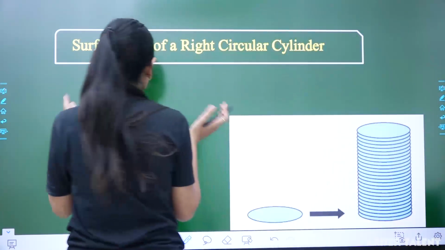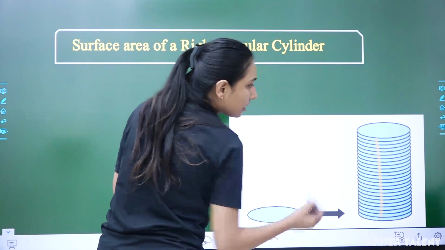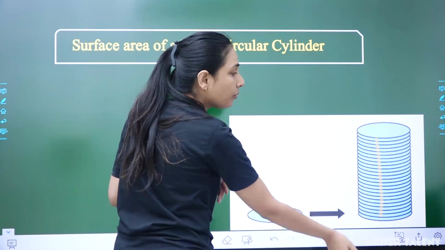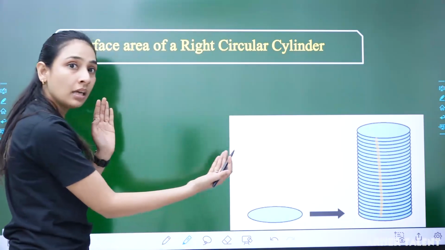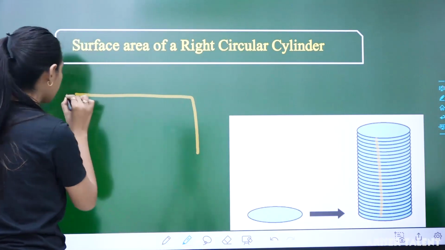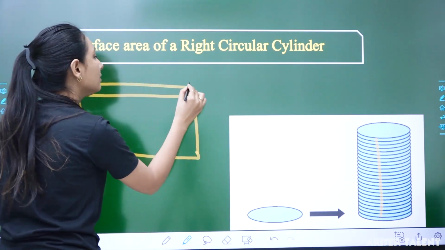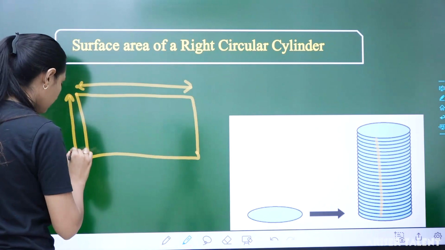If you do it reversely, like cutting it from here, removing the top and bottom, and then making it a sheet, that sheet will be like that. Now it will have some length and some width.